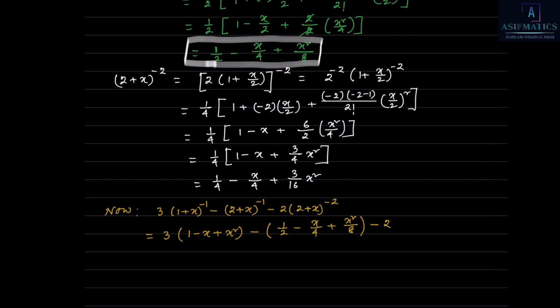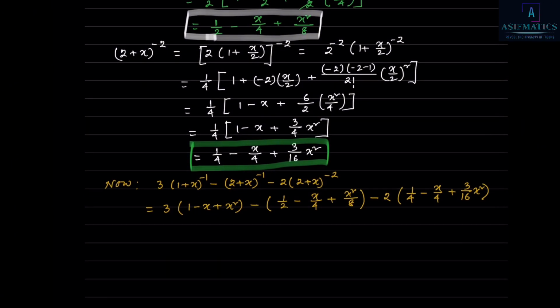So 2 plus x expansion already we know. This is our 2 plus x expansion. So put the value here. 2 into, we can write 1 by 4 minus x by 4 plus 3 by 16 x square.